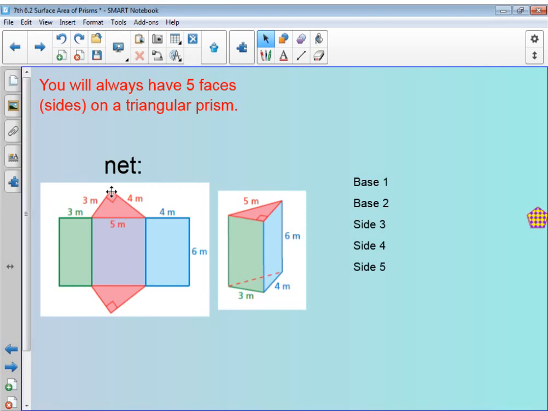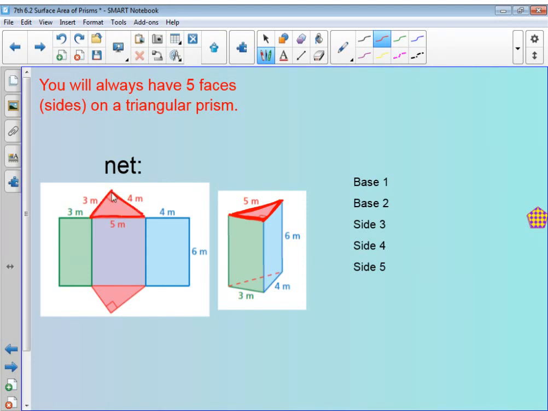Okay, so when I look at my bases, remember those are the shapes that, if I were to cut this like bread, the shape that I would get all the way through is a triangle. So the key thing to remember whenever you're working with a triangle is that the 2 sides that you need to use are the sides that make up the right angle. Because on this triangle, I really have 3 sides here.